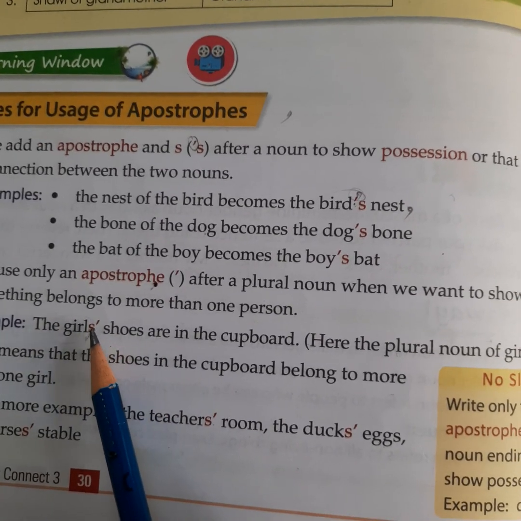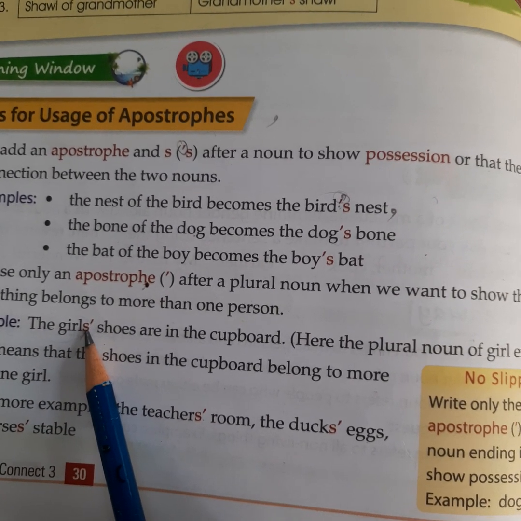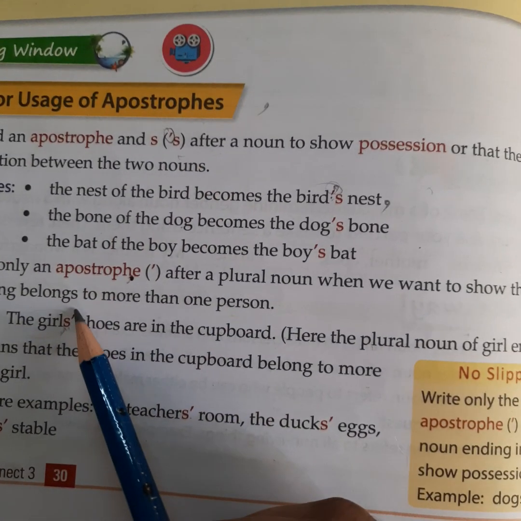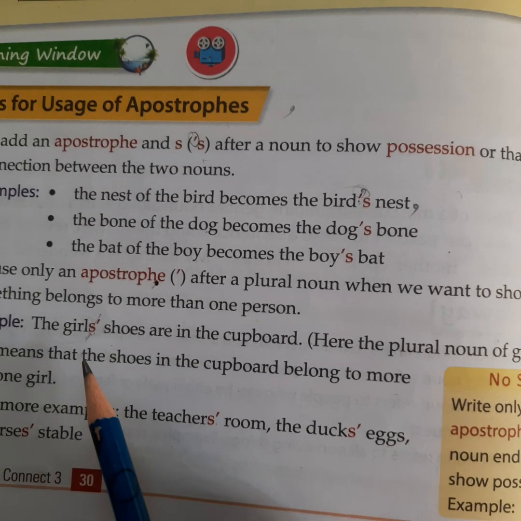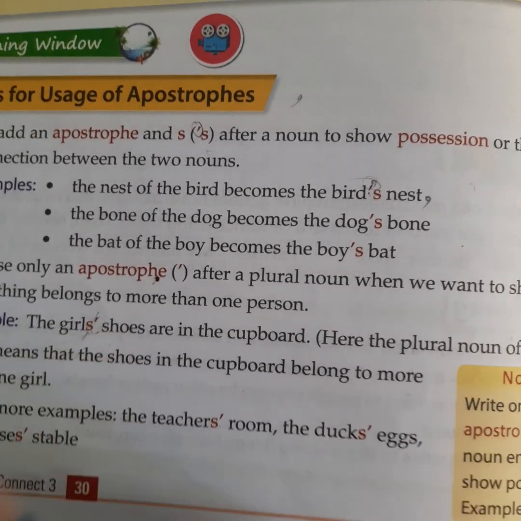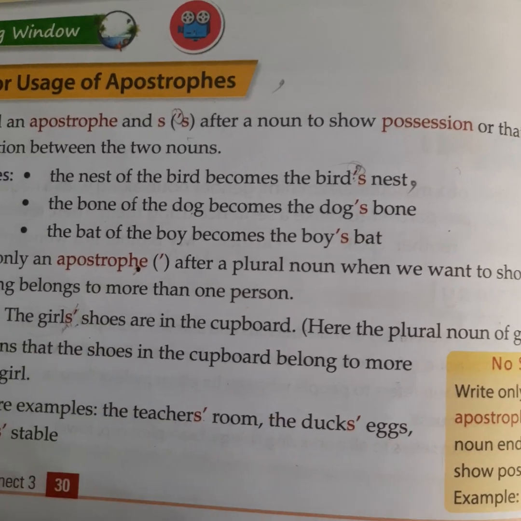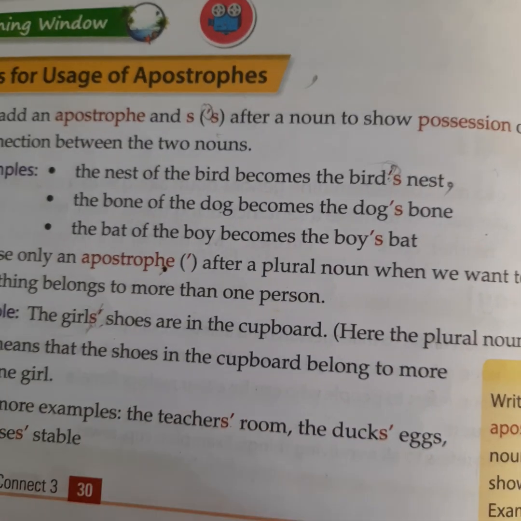If the S is already coming at the end of the word, you have to just write the apostrophe. अगर last में already S आ रहा है तो आपको सिर्फ apostrophe लगानी है, उसके बाद S का use नहीं करना है. You actually never use it.